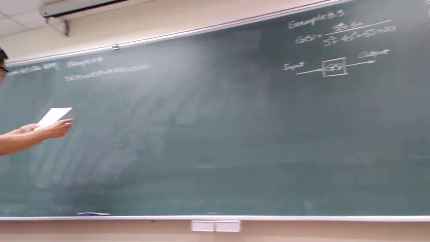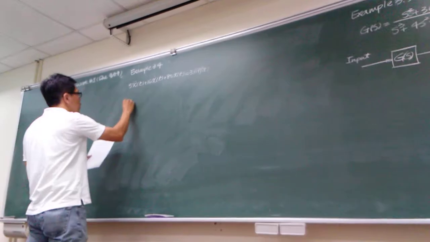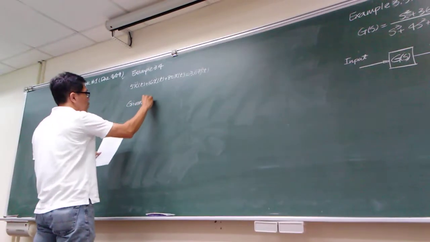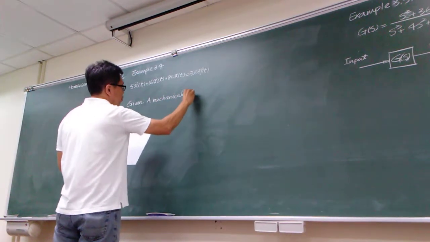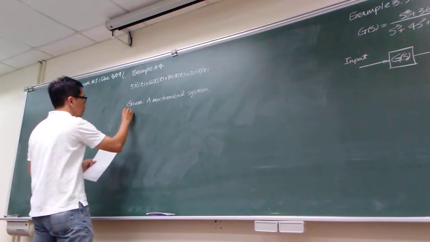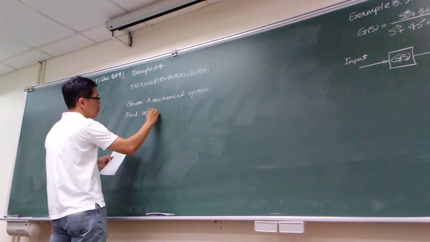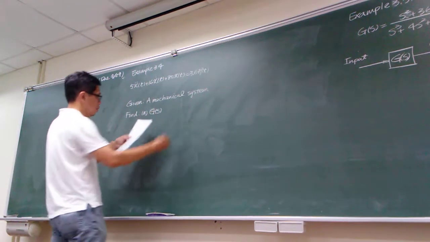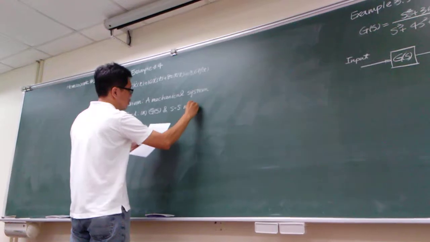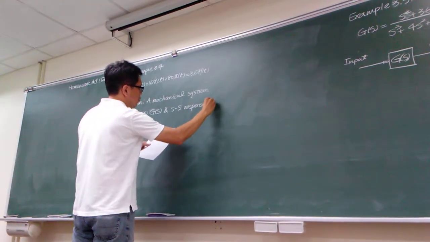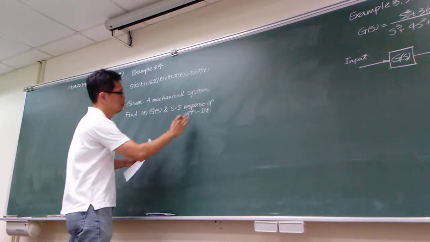Okay, so we are given a mechanical system. We need to find, first, the transfer function and steady state response of u of t equals 1 of t.